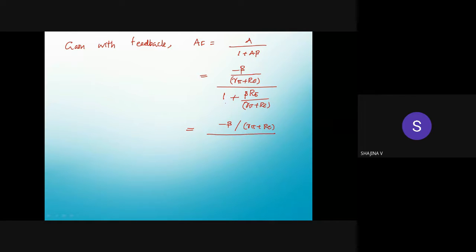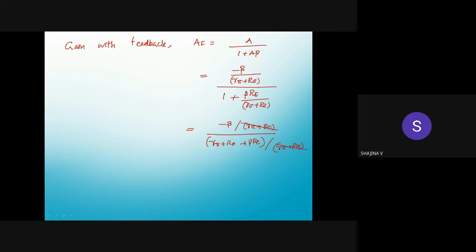And if you are cross multiplying at denominator, this will be what? R pi plus RE. That is 1 into R pi plus RE plus beta RE. Okay. Whole divided by this R pi plus RE. After cross multiplication, this R pi plus RE will get cancelled.